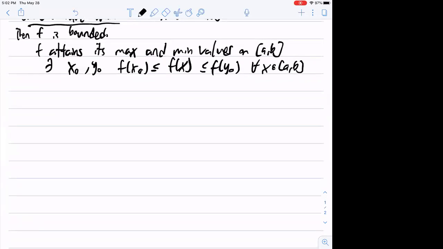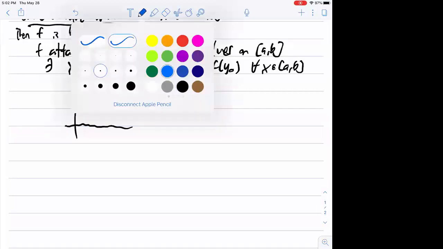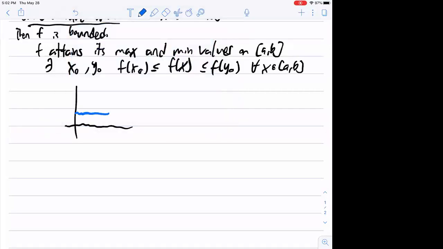So this is a pretty strong statement. One example of a discontinuous function would be something like this. Let me just make it up. A point here, and then all the way down. Let's make this 1 and this 0.